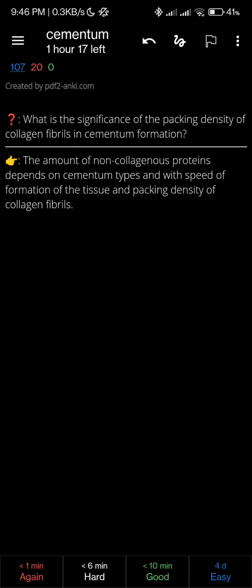So the packing density depends on the speed of formation of the tissue, and on the cementum types.